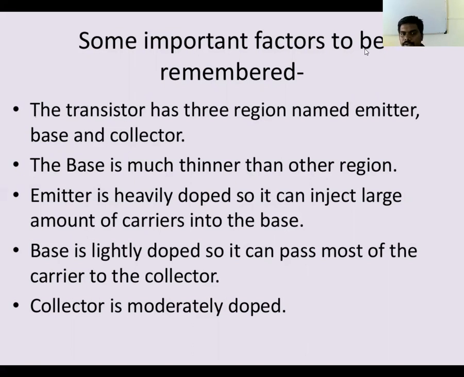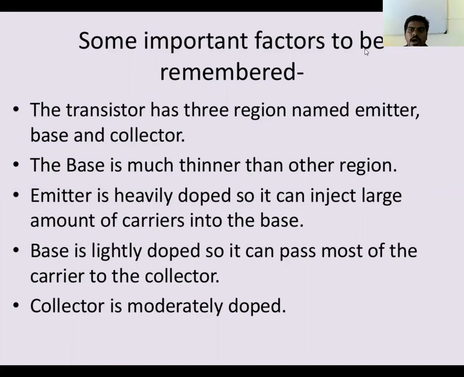Emitter is heavily doped. As the name suggests, it is an emitter, means it emits holes or electrons. So it should be heavily doped so that it can inject a large amount of carriers into the base.